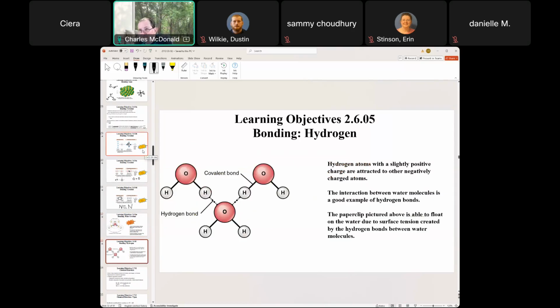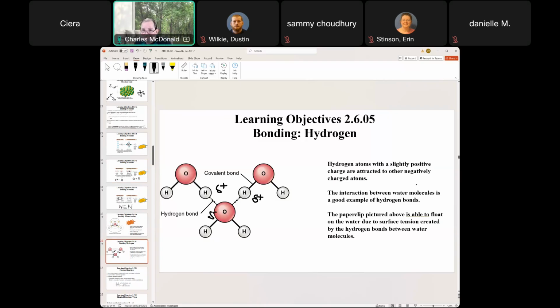You've seen water bead up on your car windshield because these guys, even without the sodium or the chlorine, are attracted to each other. So this partial negative on this oxygen molecule is attracted to the hydrogens on the other molecule.